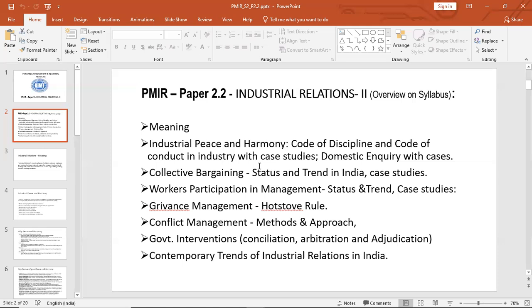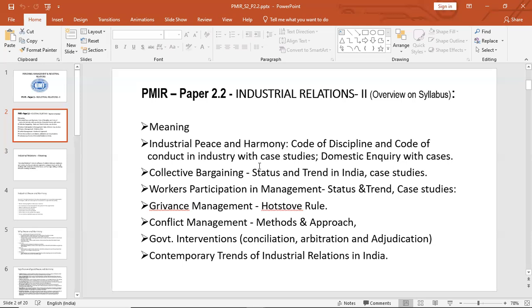Then workers' participation in management, how employees participate in management, their status, and grievance management, how different disputes and grievances are managed in the organization. This we studied. Hot stove rule we studied.